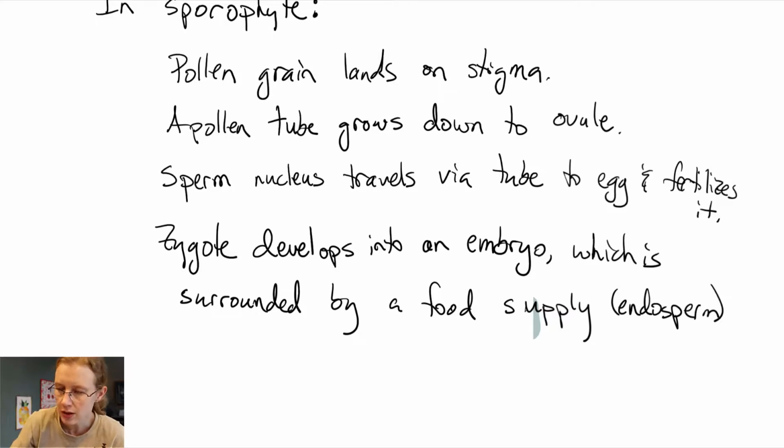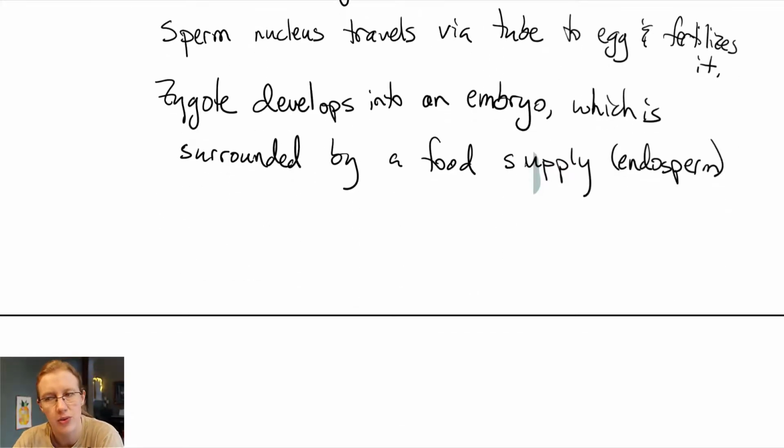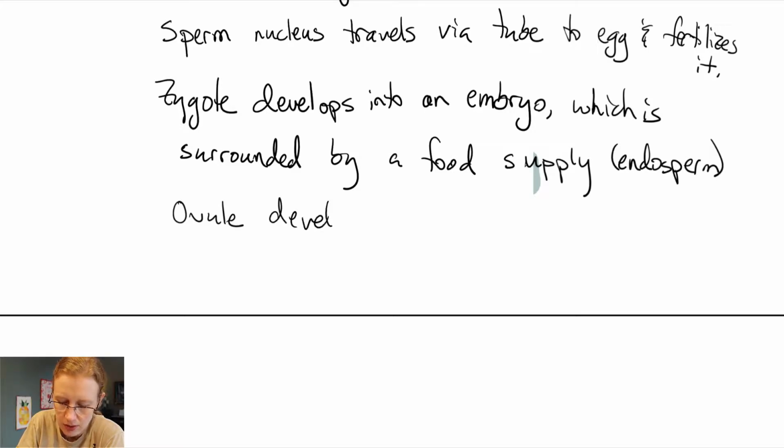Okay, so it's an embryo, it's got a food supply, it's got what it needs in order to survive for some time, and this whole ovule with the food supply, this is what is going to develop into a seed. It's going to become a seed that can last for many years. The ovule develops into a seed.